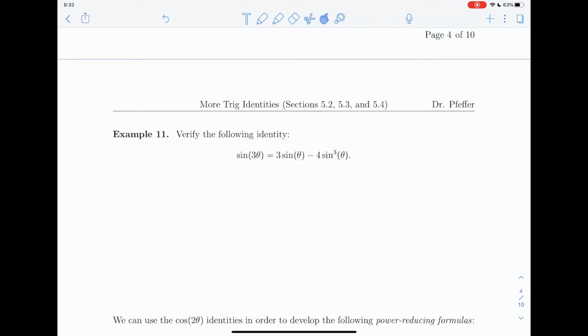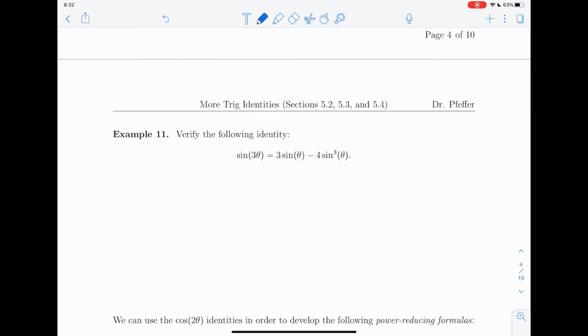The correct way to start here is to actually start with the sine of 3 theta. Although the right-hand side looks more confusing, you're going to have a lot of difficulty going from regular sines to sines of multiple angles.